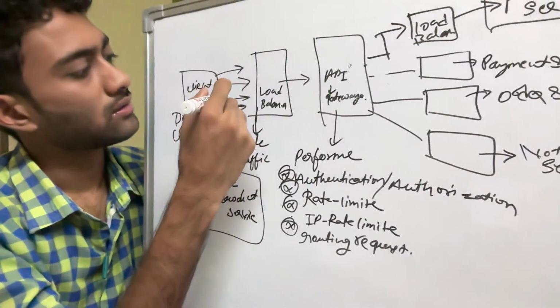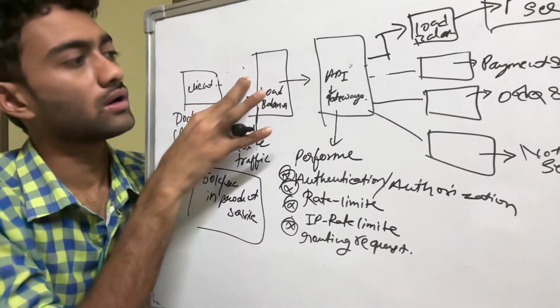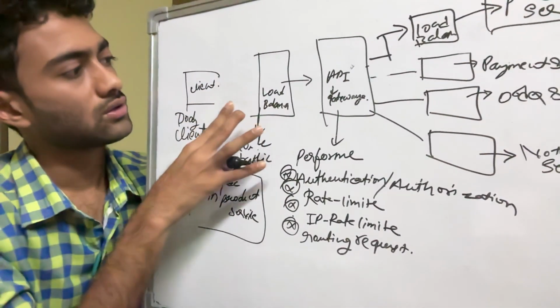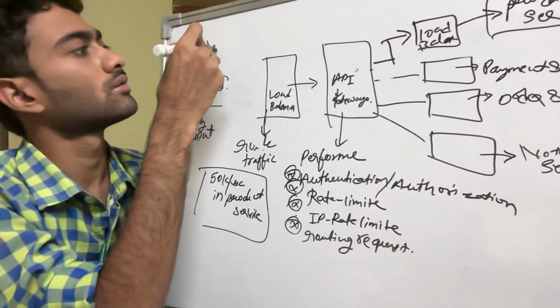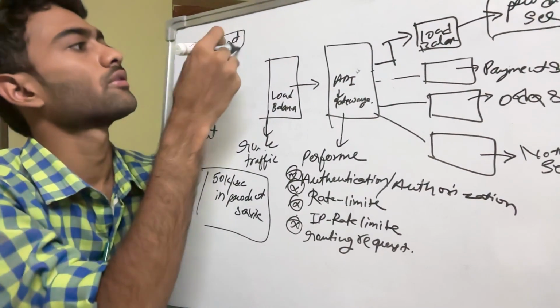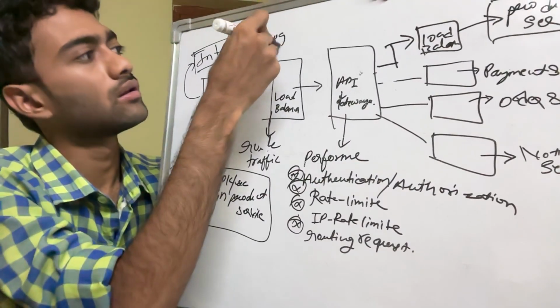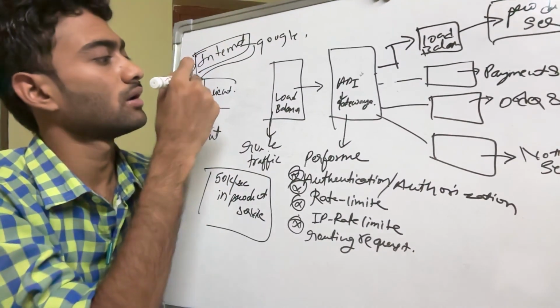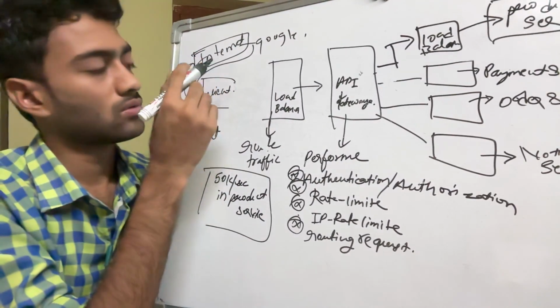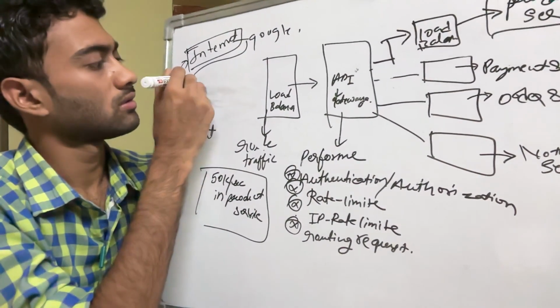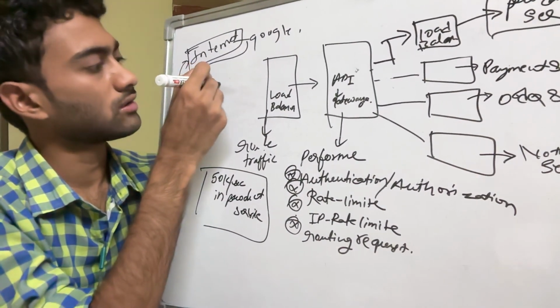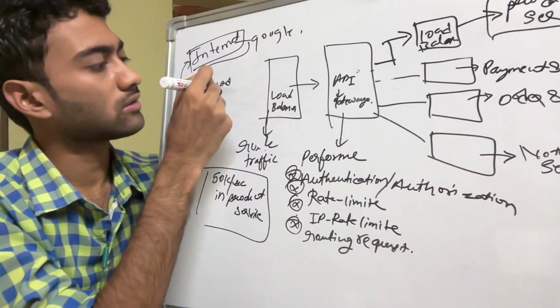So suppose this is the client, this is the internet, for example Google, and now this is the forward proxy. Why is a proxy used?